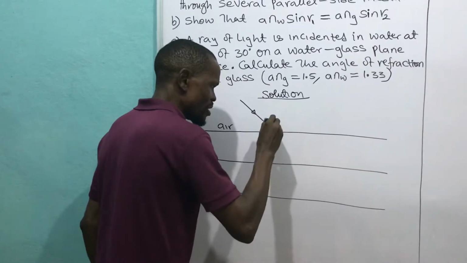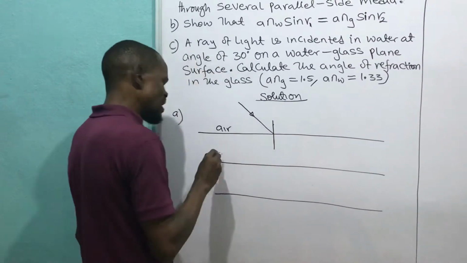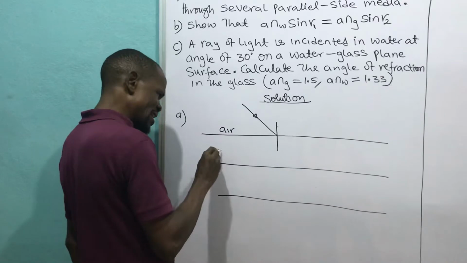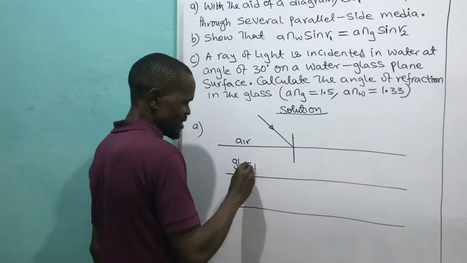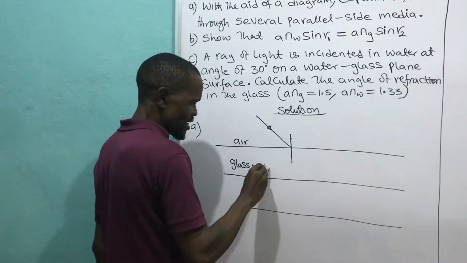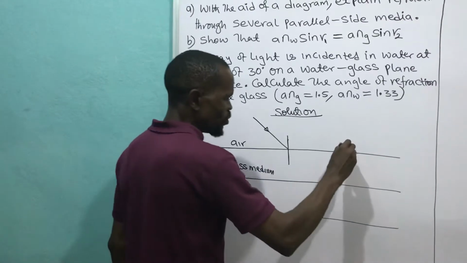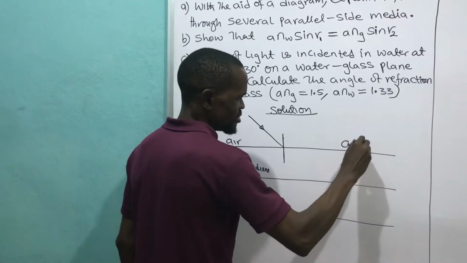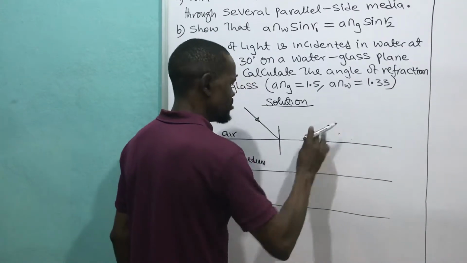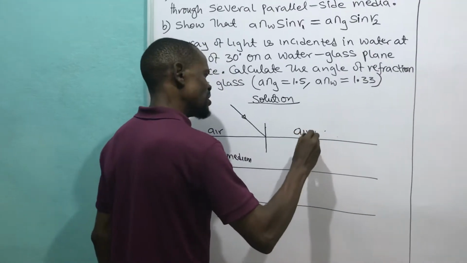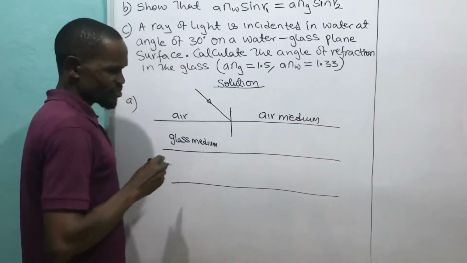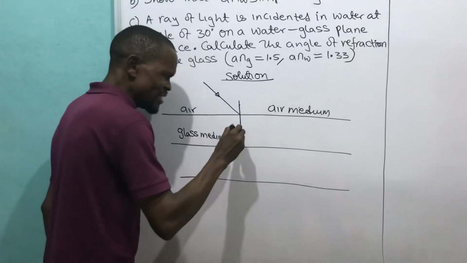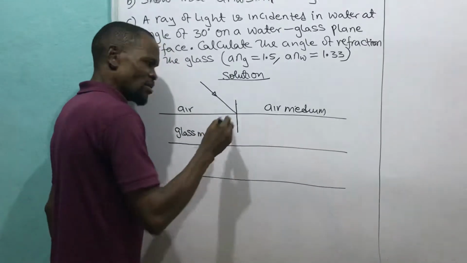I call this medium glass, and this one an air medium. I think you are following me. Then this ray entering inside the glass, what happened?